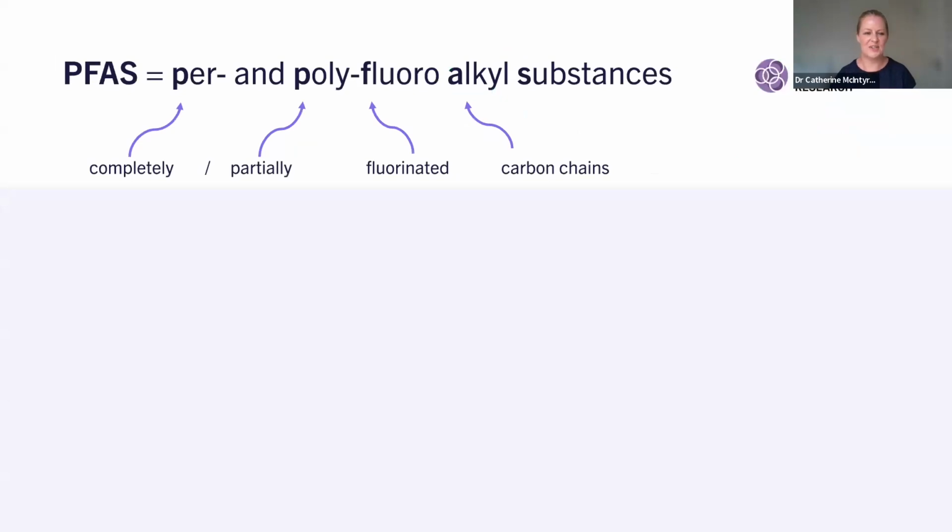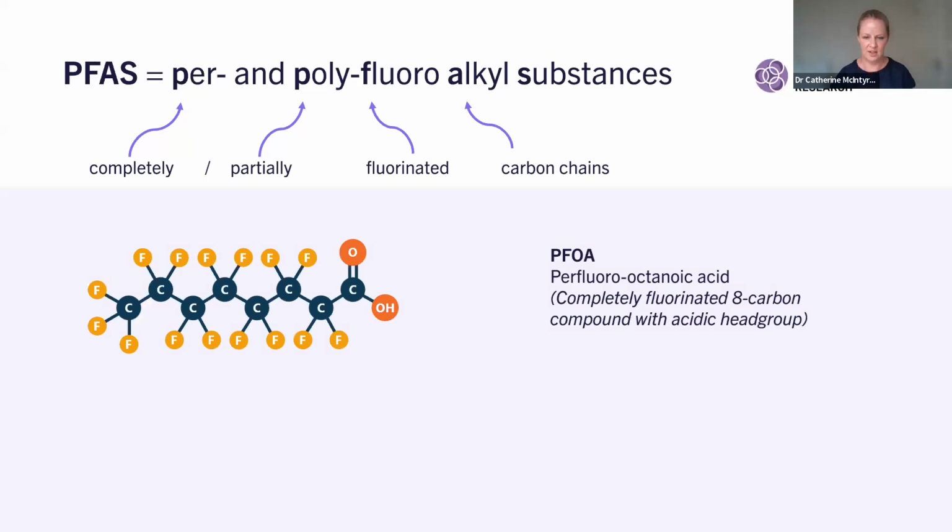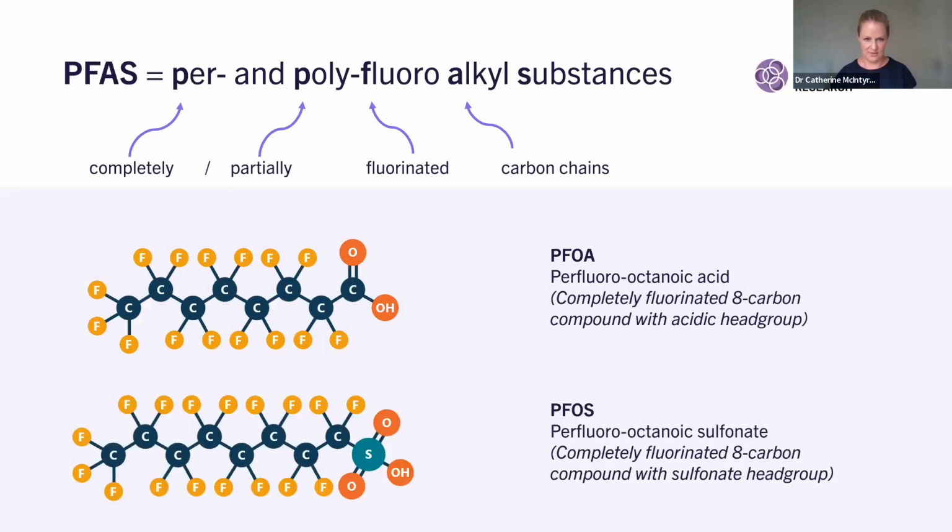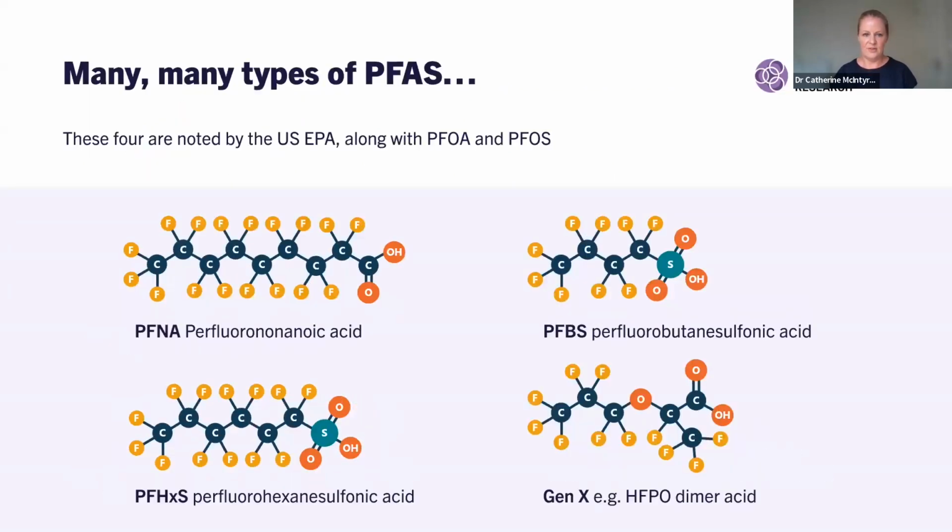Just get into it. So PFAS, we've come across the acronym earlier, completely or partially fluorinated carbon chains, and we've met PFOA and PFOS. However, there are many, many types of PFAS. So I want to just get across the numbers and different types of structures. These are 4 that have been noted by the US EPA for regulation, along with PFOA and PFOS.